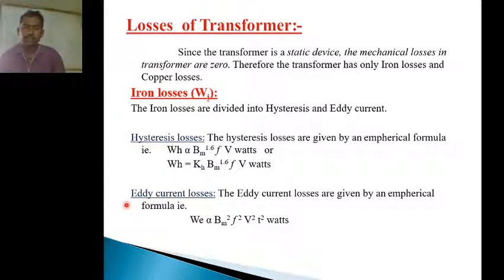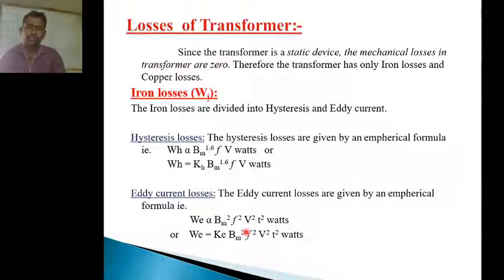The eddy current losses are also given by an empirical formula: WE is directly proportional to Bm square F square V square T square, or WE is equal to KE into Bm square into F square into V square. And we already know these terms: Bm means maximum flux density, F means the frequency, and V is the voltage.